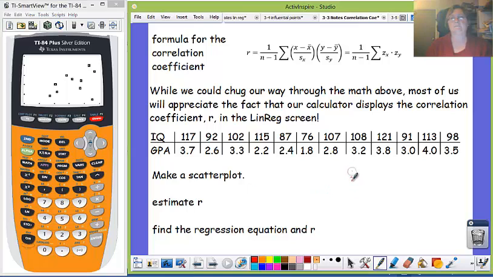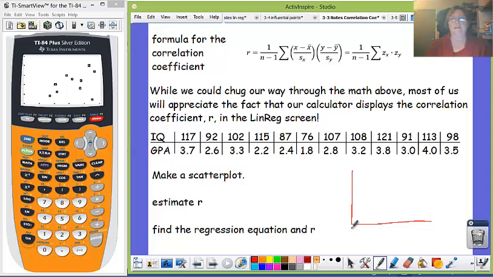In general, I think that you could say as IQ increases, there's a positive trend. GPA goes up, but that certainly is not a strong correlation at all.